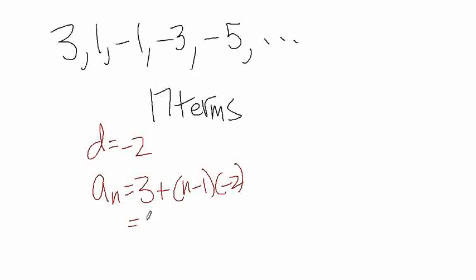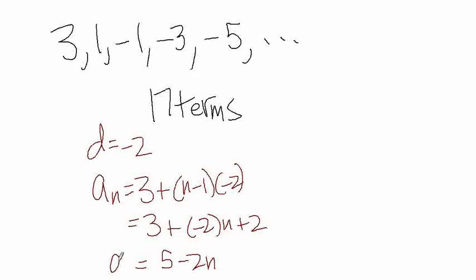And let's simplify that a little bit. 3 plus minus 2 times n plus 2. So 5 minus 2n. That's as good as I can get it. All right, so there is a non-recursive function description for this sequence.